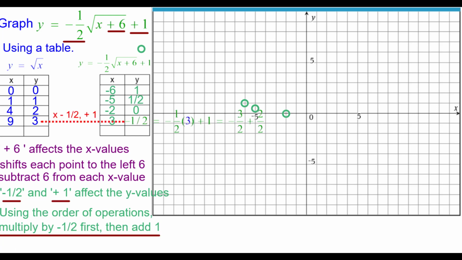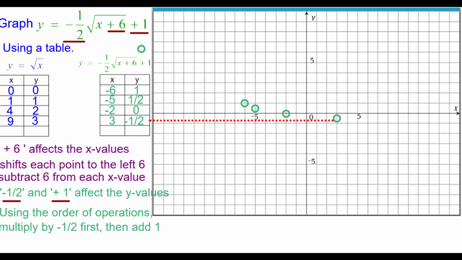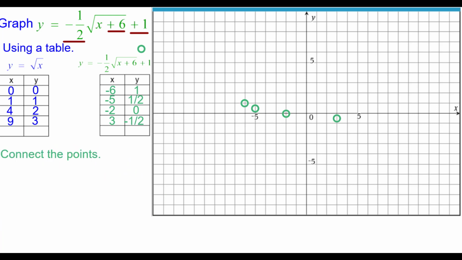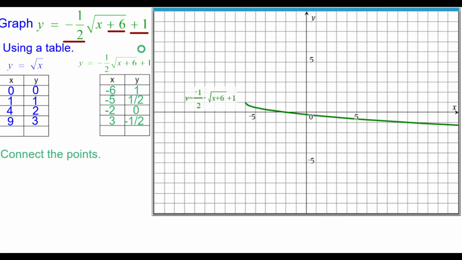And finally, 3 times negative 1/2 is negative 3/2, plus 1 is 2/2. That'll leave us negative 1/2. So over 3, down 1/2. Connect the points and compare it to the parent function.